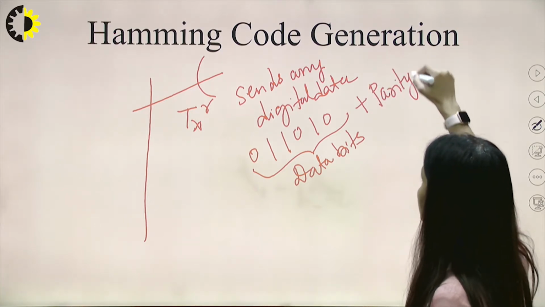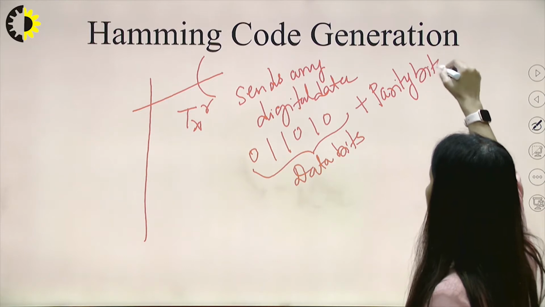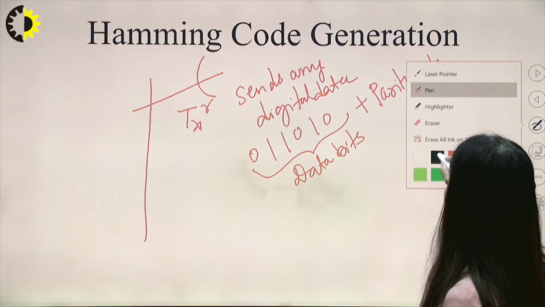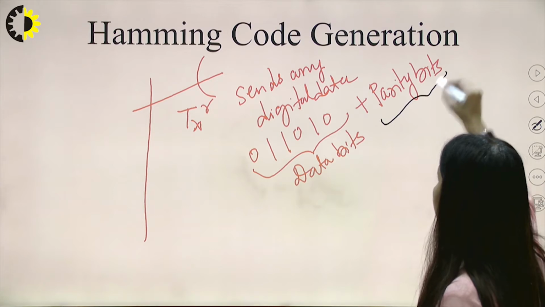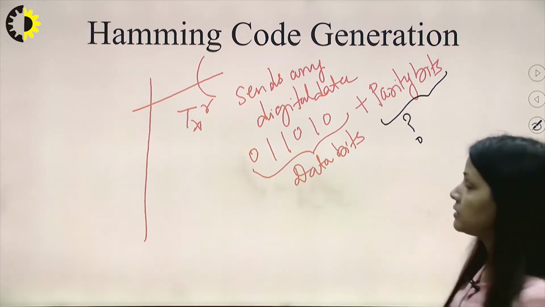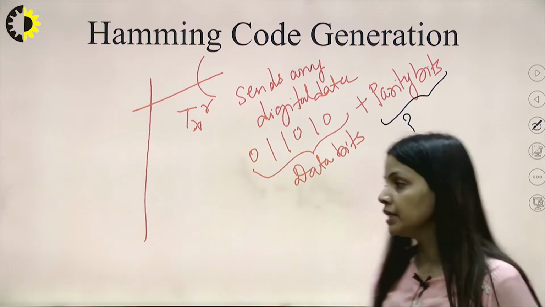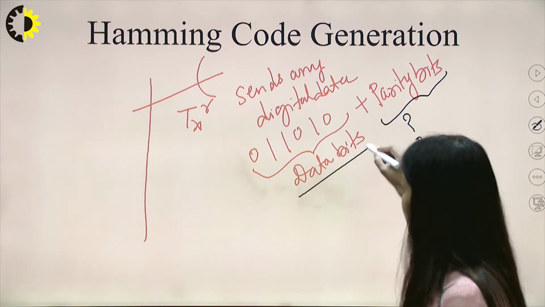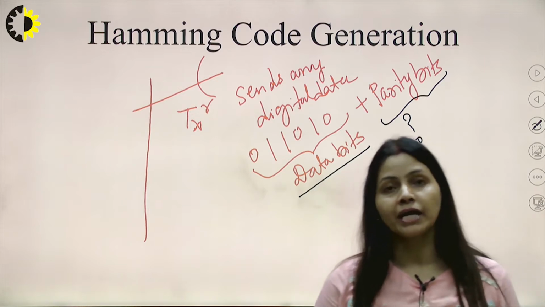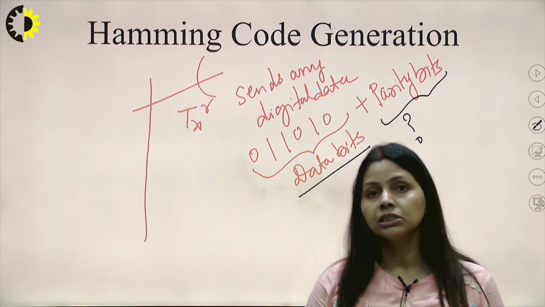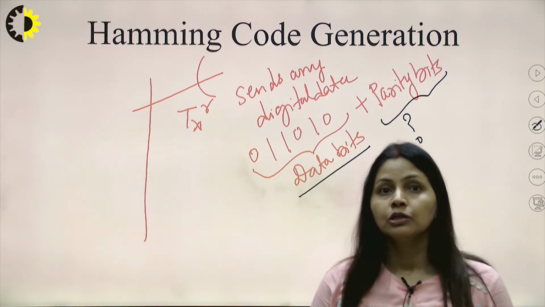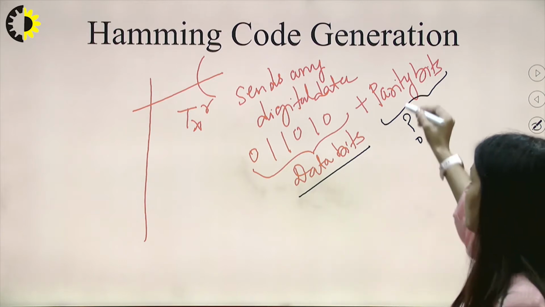This is important actually. Why these parity bits are being added? First of all, we should understand whenever we are sending the data, we are adding some parity bits to our original data stream.